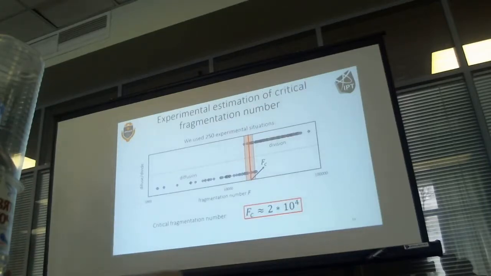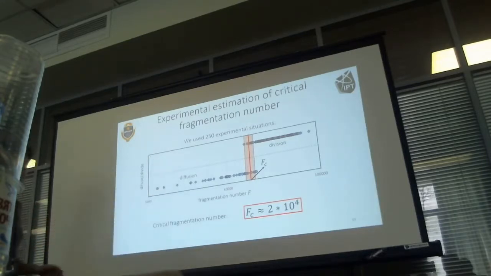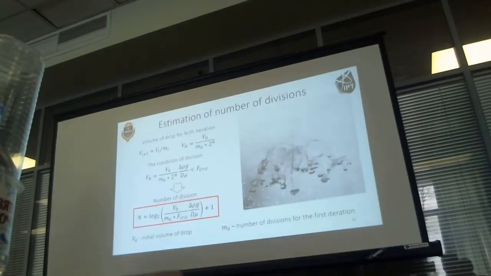For experimental estimation of the critical fragmentation number, we used 250 experimental situations. For each situation, we found from the video if the ring divides or diffuses. And in such a way, we obtained the critical fragmentation number. And now we can make the analytical expression for the number of divisions.